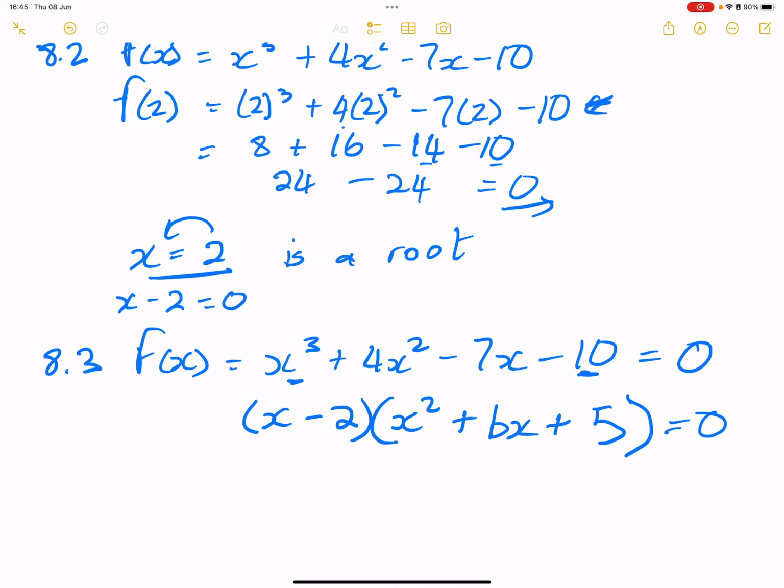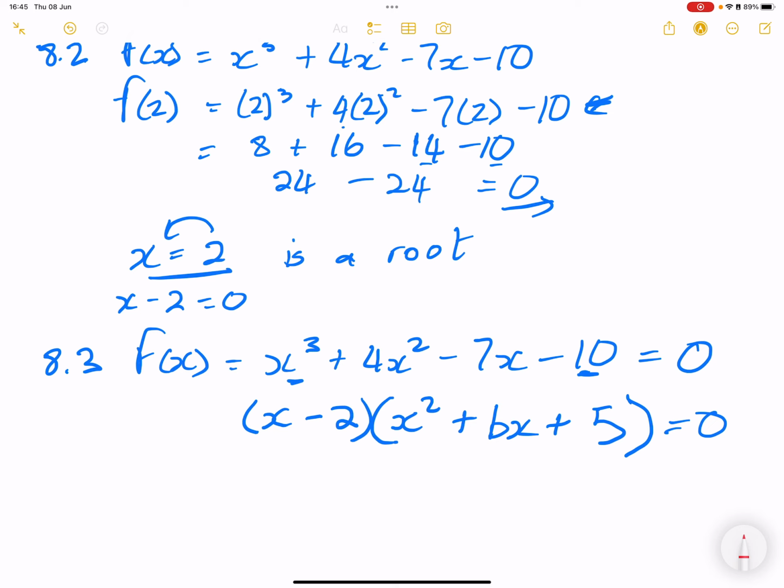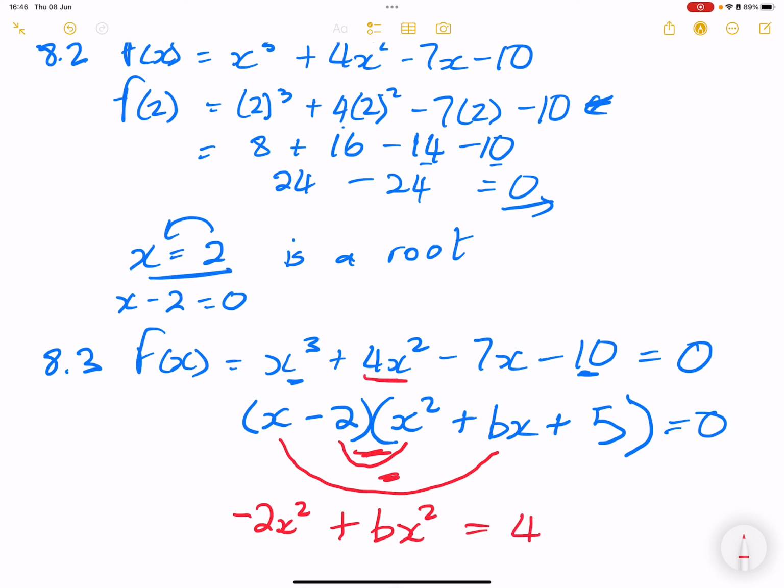All that you simply do, ladies and gents, is ask what the x squared terms are. It's going to be negative 2x squared, and the other x squared term is x times bx, so this is plus bx squared. These two x squared terms must give you this one, so they must be equal to 4x squared.